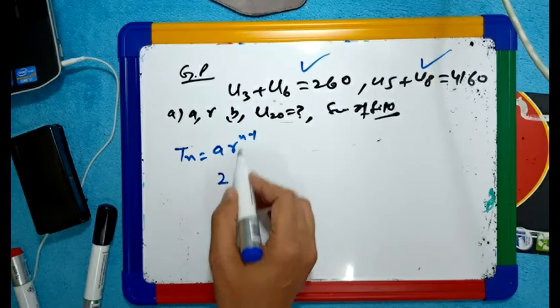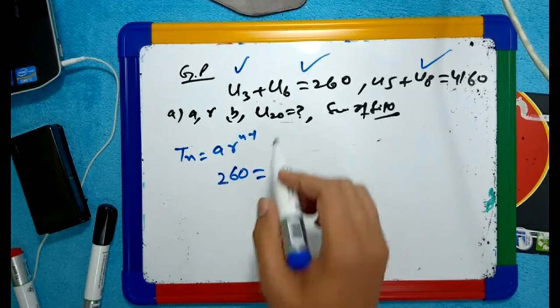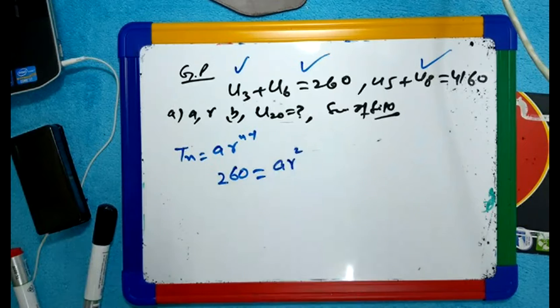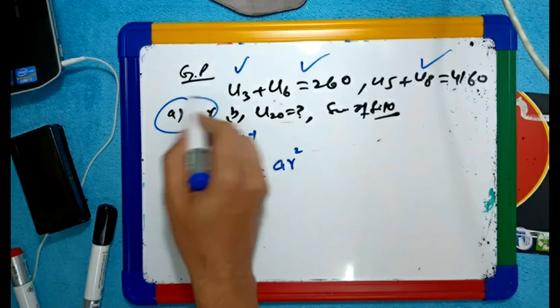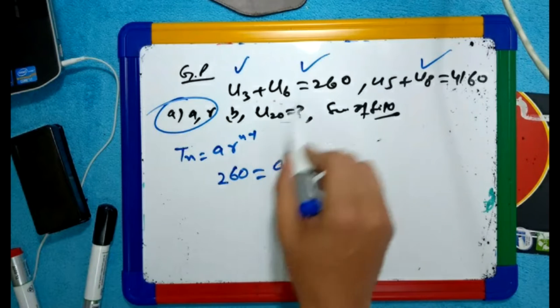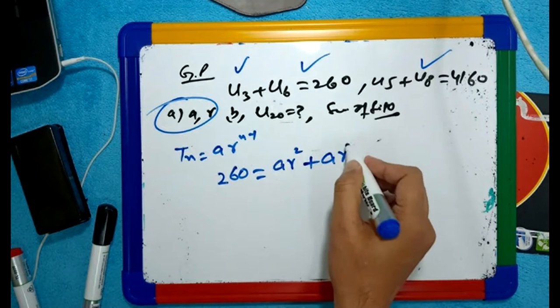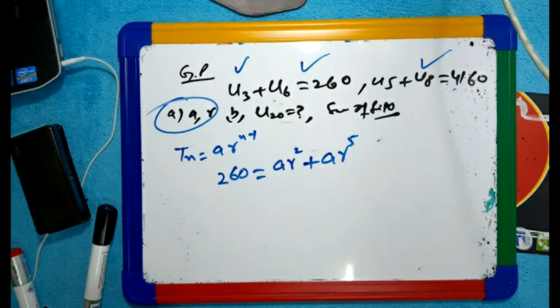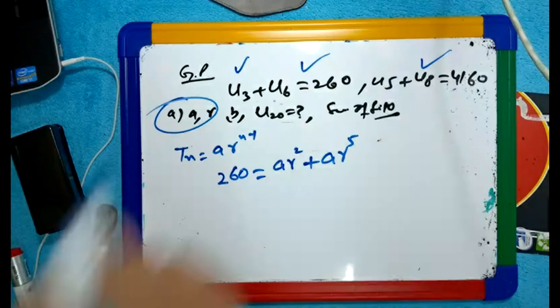So 260 equal to U3, which means a r raised to power 2, plus a r raised to power 5, because this is the sixth term and this is the third term. So this is my first equation.